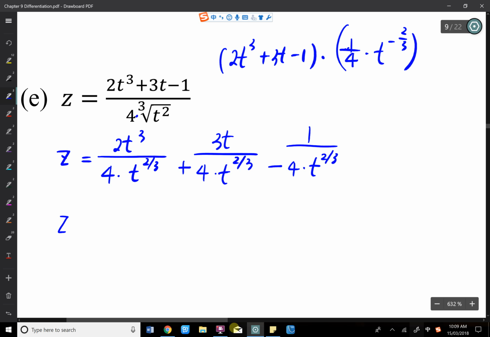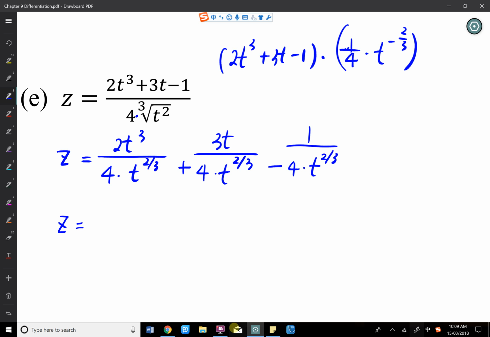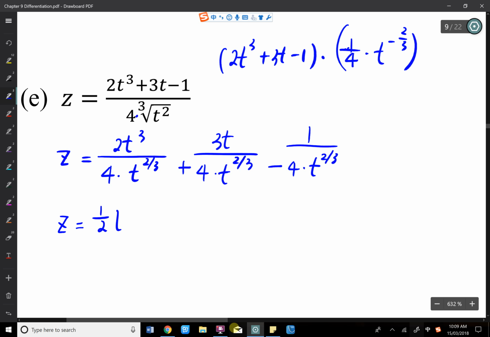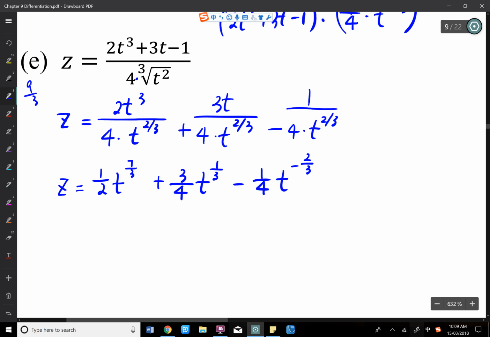And then, this is a fraction with t divided by t, which is not good. So what I can have here is a half t to the power of 3, is 9 over 3, so that's 7 over 3, plus 3 over 4 t to the power of a third, minus a quarter t to the power of negative 2 over 3. That's how I can simplify it.